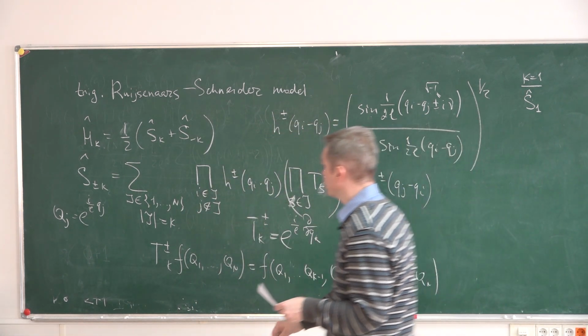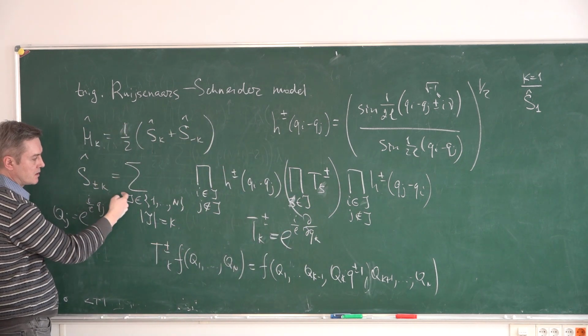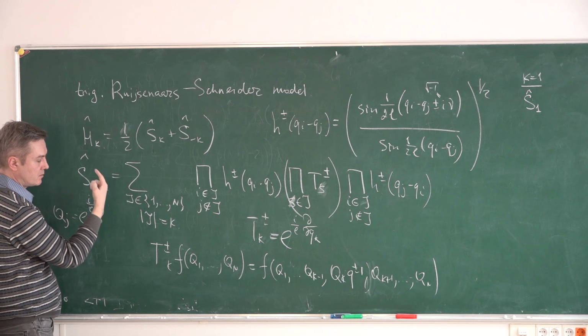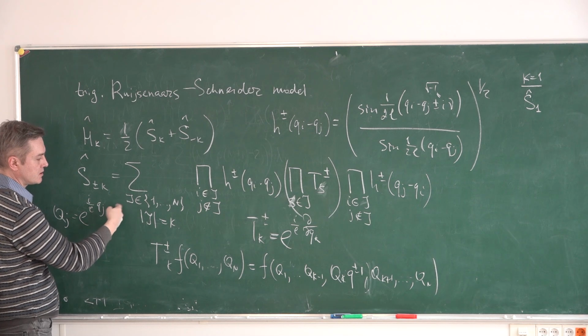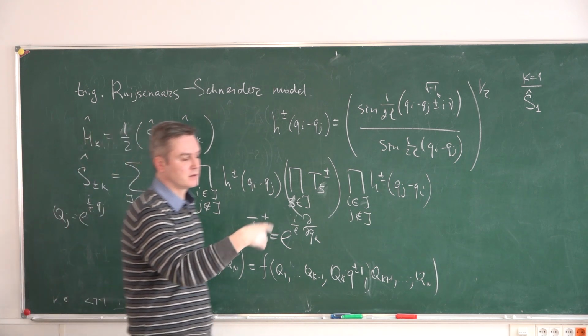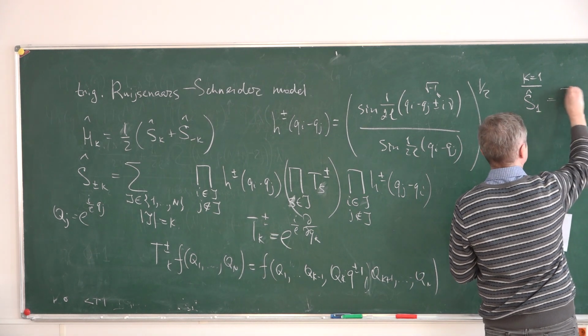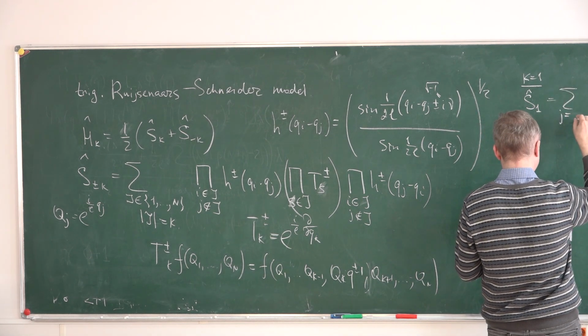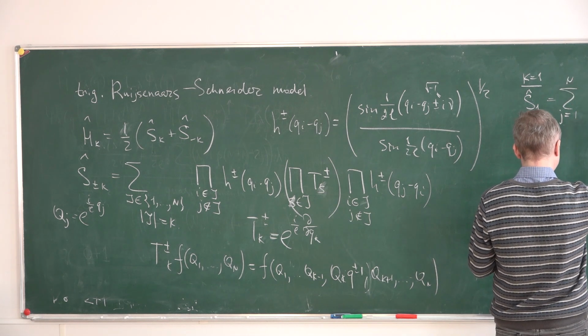You see, now when k is equal to 1, the sum goes over all one-dimensional subsets of the set of indices, so it's just a sum over all possible indices, a sum over some index j.